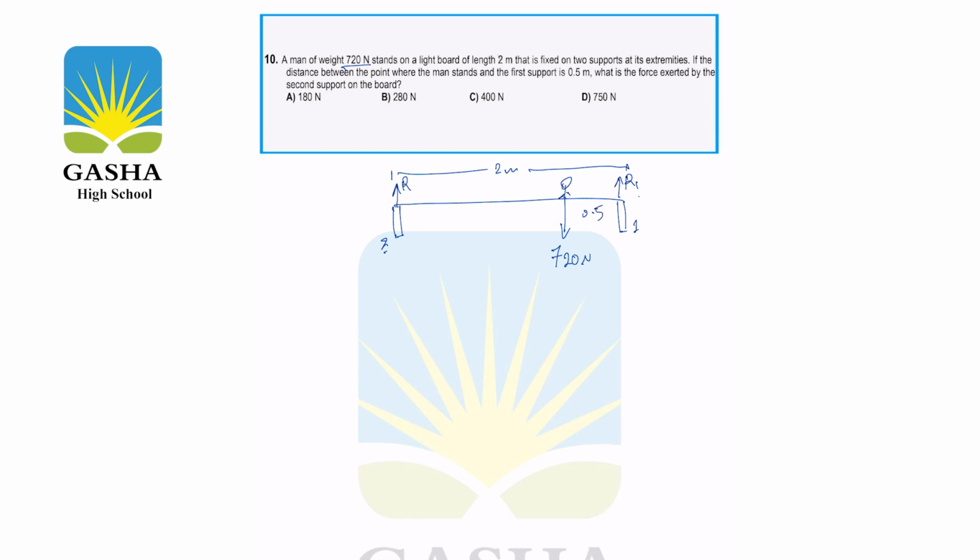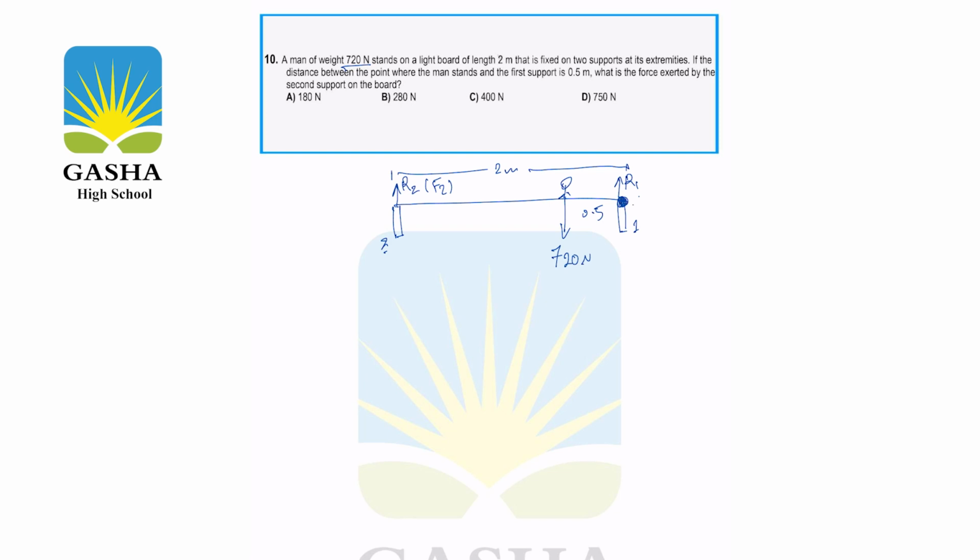What is the force exerted by the second one? So here we have to find the second force, which is the reaction force, or you can say F2 or R2, it doesn't matter. First of all, we have to find the axis of rotation, or let's make somewhere on the board the axis of rotation. We always prefer the heaviest side to be the axis of rotation.